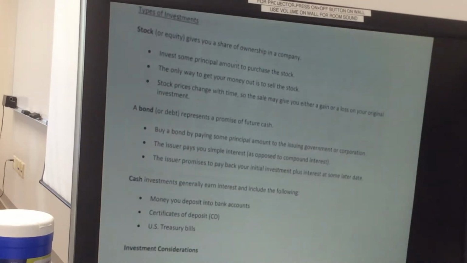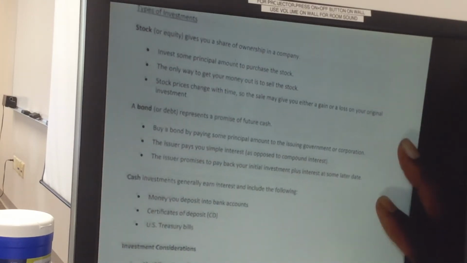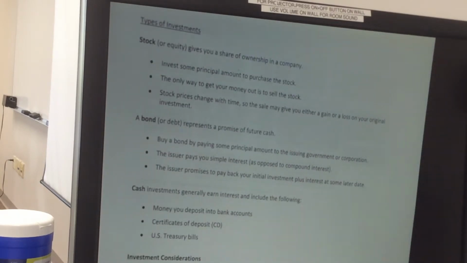All right, next we'll talk about types of investments. We'll talk about stocks and then bonds, then cash, investment considerations, and financial data dealing with stocks.